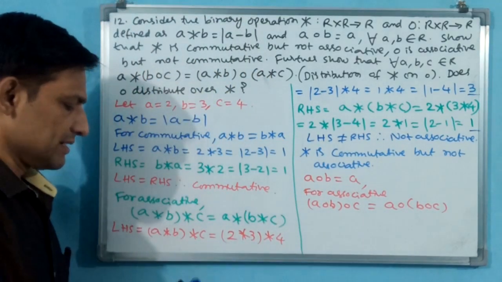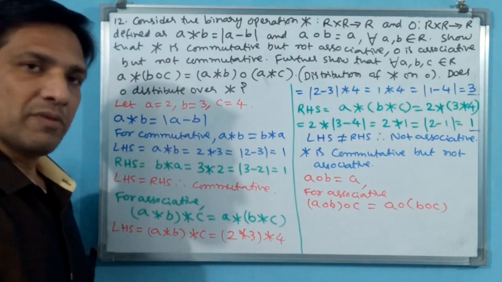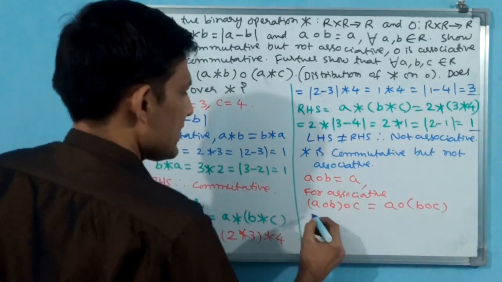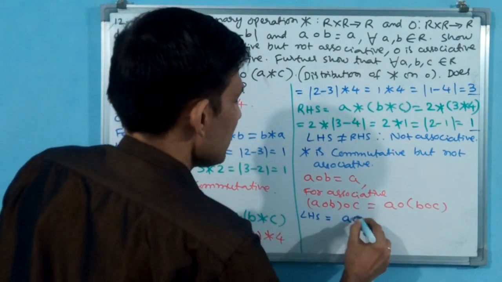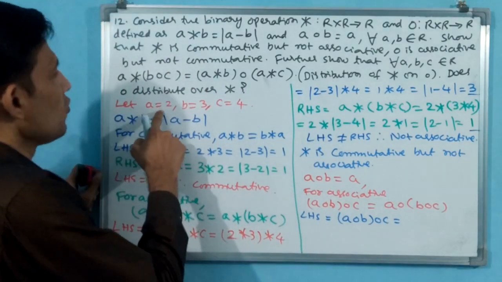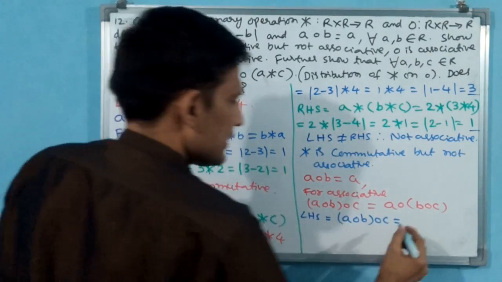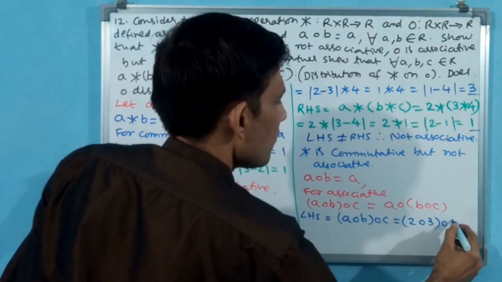Is it okay? Now you see, (A O B) O C should equal A O (B O C). Okay, now you write LHS. LHS is equal to (A O B) O C. That is equal to, A is how much? 2, 3, 4. These only you have to take. That means (2 O 3) O 4.